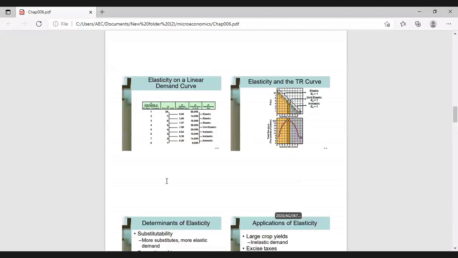Even on the same demand curve, in some portions consumer response is more elastic, and in some portions less elastic, inelastic. So along the demand curve, the elasticity will change. Consumer response is different depending on the initial price. We will see that in the next class at 3 o'clock.